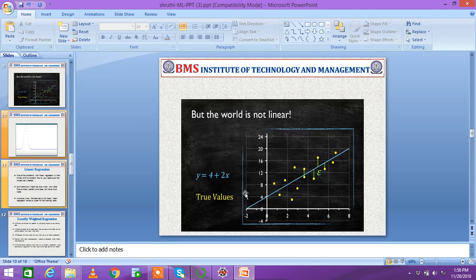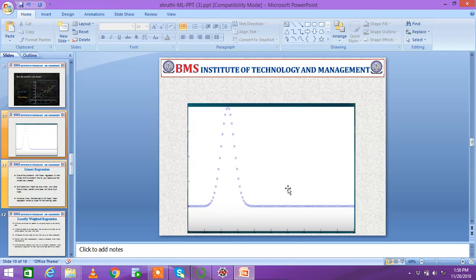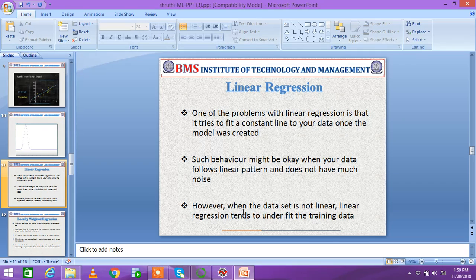Now, for example, if the data is distributed in a linear fashion, then it is easy to apply a linear regression model. Suppose the data is spread in this manner, which is non-linear, then we cannot apply linear regression. In order to overcome this disadvantage, we need to use locally weighted regression.